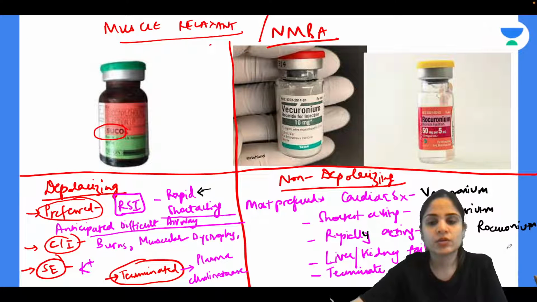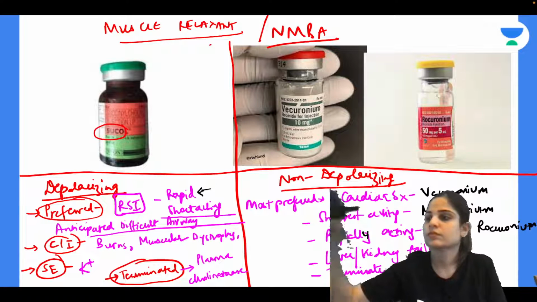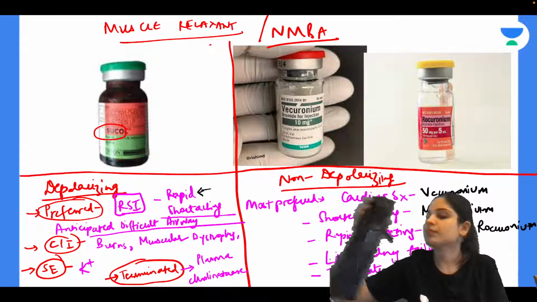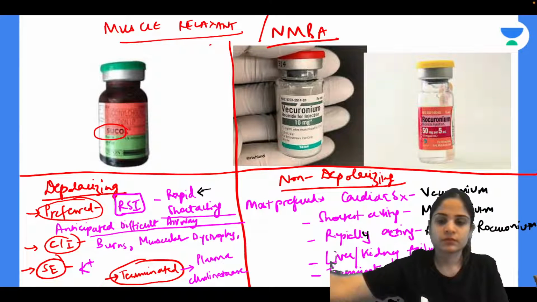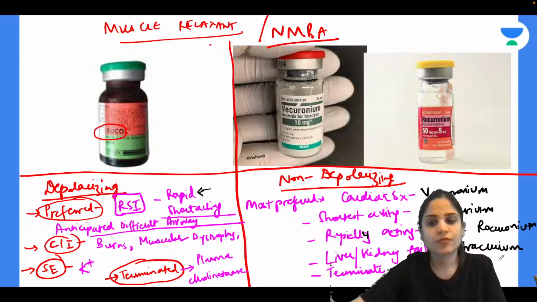Something that will undergo elimination on its own? You will prefer to give atracurium. Absolutely correct. Atracurium, because it undergoes Hoffman's elimination and degradation in the plasma on its own.